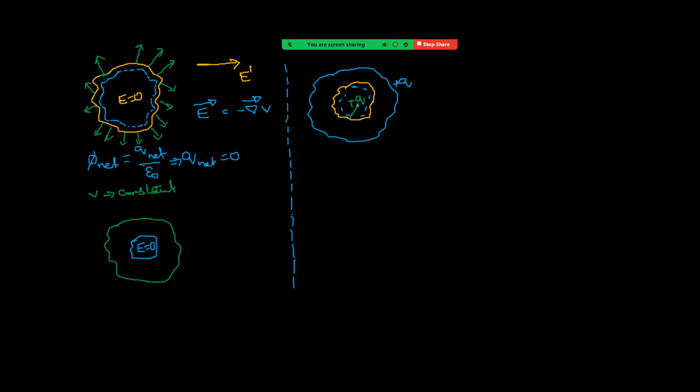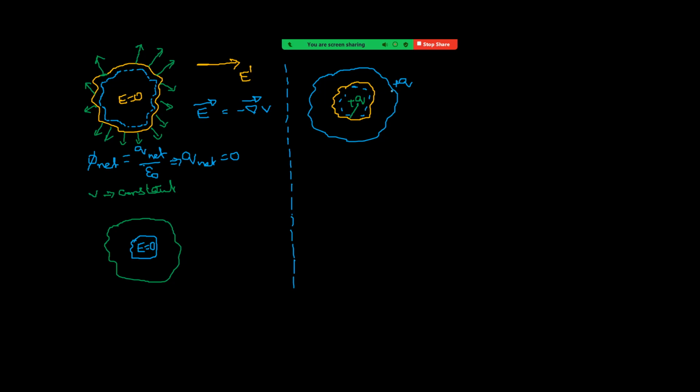Remember, all field lines starting from plus Q terminate on the inner face of the cavity. That means the charge on the inner face of the cavity equals minus Q. So plus Q is inducing minus Q on the inner face of the cavity.